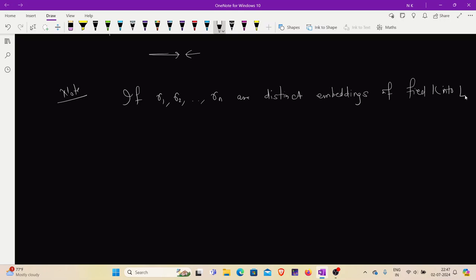We can use this idea to establish one note: since distinct characters are linearly independent and a character is nothing but a homomorphism, we can say that if sigma 1, sigma 2, so on sigma n are distinct embeddings, where embeddings means injective homomorphisms, of field k into L, then they are linearly independent.